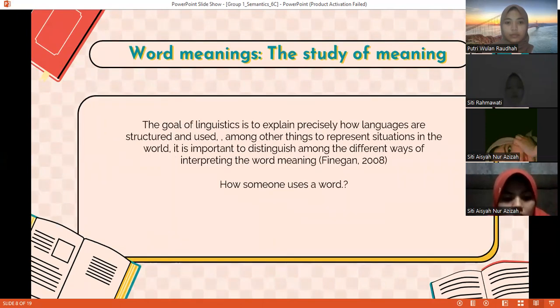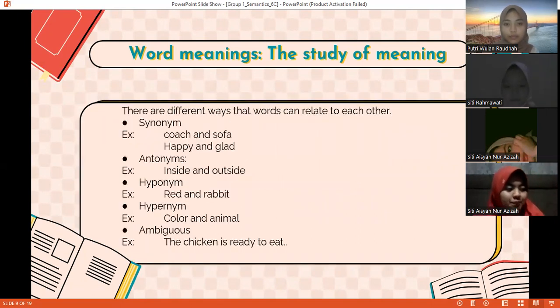Definitions are what we usually read in dictionaries and help us see when a word has a certain kind of relationship with another word. So, there are different ways that words can relate to each other. Let's see the example. Next.